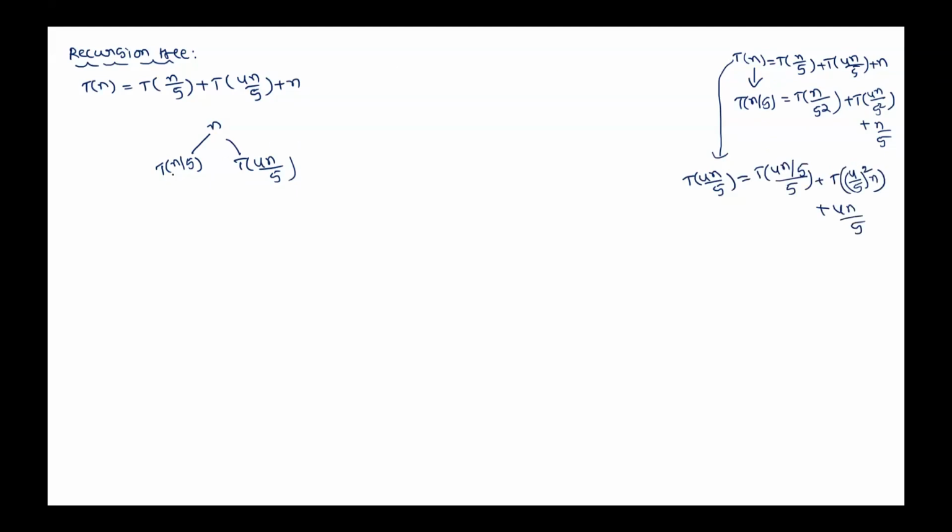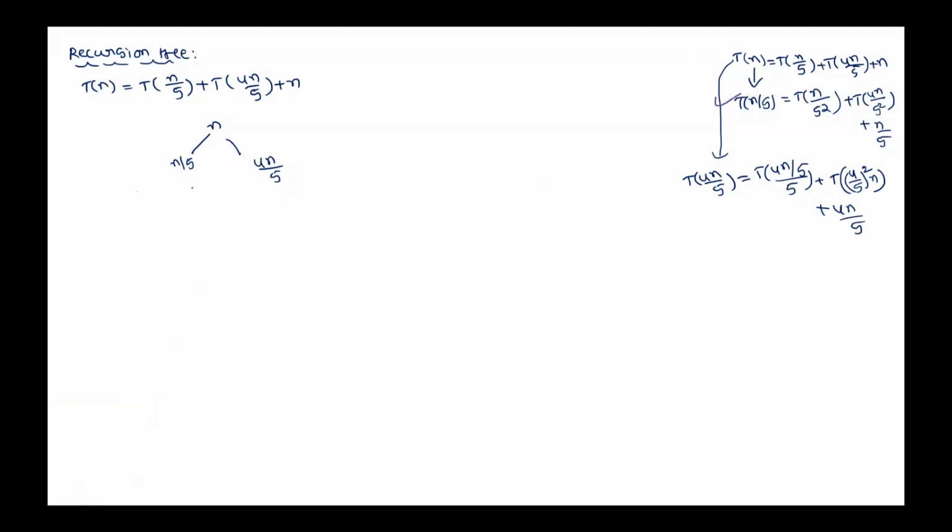Now, in place of T of n by 5, we substitute this value. In place of T of 4n by 5, we substitute this value. Now, what is that we get? What is T of n by 5 value?